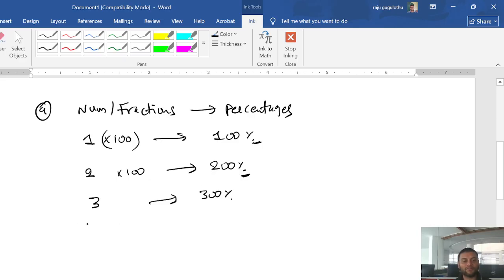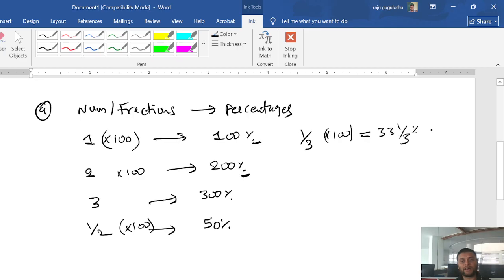If I want to convert 1 by 2 into percentage, it will be 1 by 2 multiplied by 100, that is 50%. If I want to convert 1 by 3 into percentage, I multiply with 100, which is 33 whole 1 by 3 percentage, or 33.33 percentage.